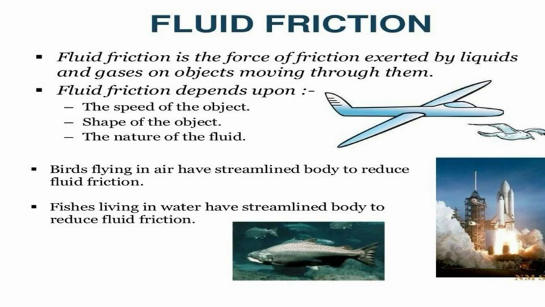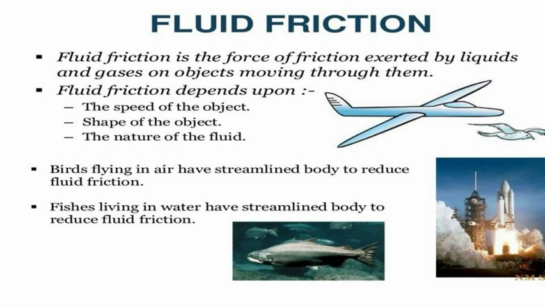There are a number of factors that affect fluid friction. Some of them are speed of the object with respect to the fluid. Higher the speed of the object, more is the fluid friction. Shape of the object. While moving at the same speed, more streamlined the object is, less is the fluid friction.